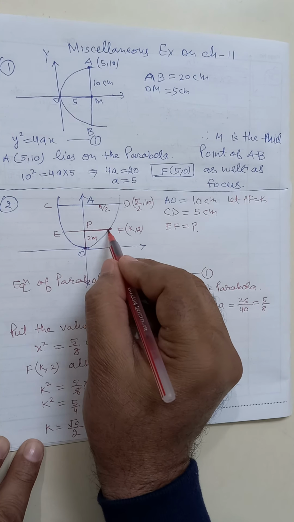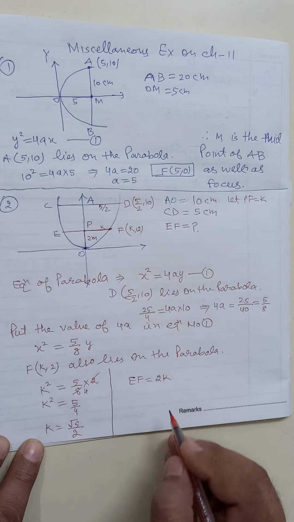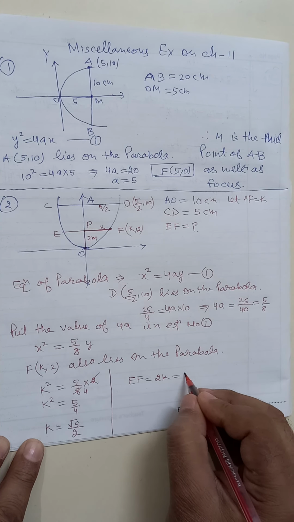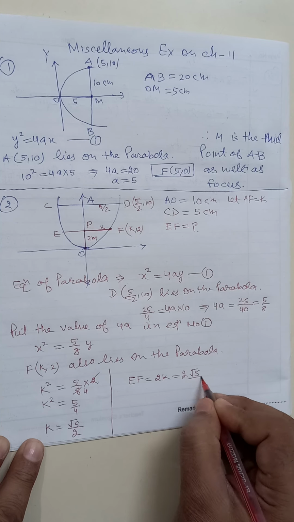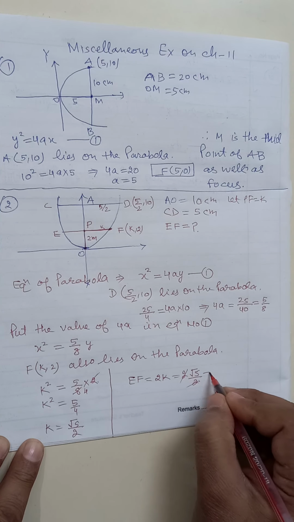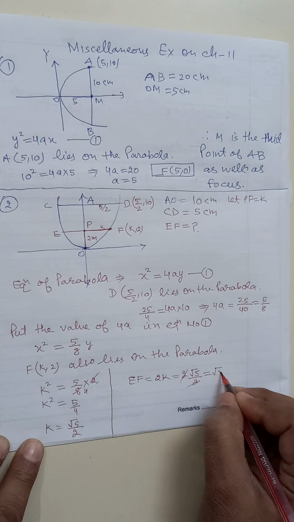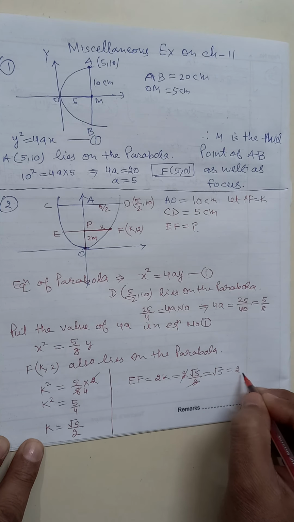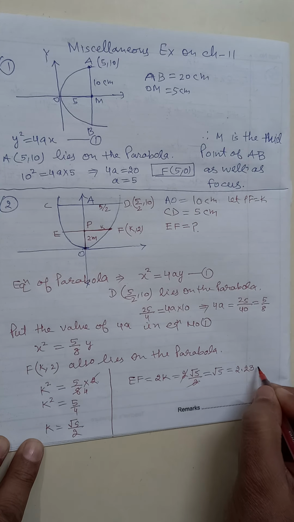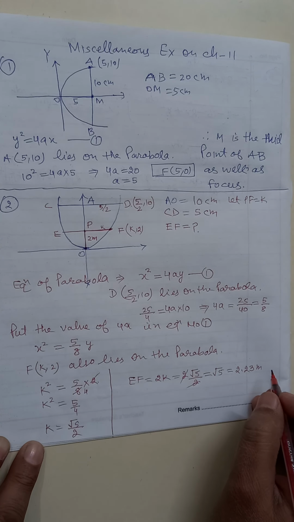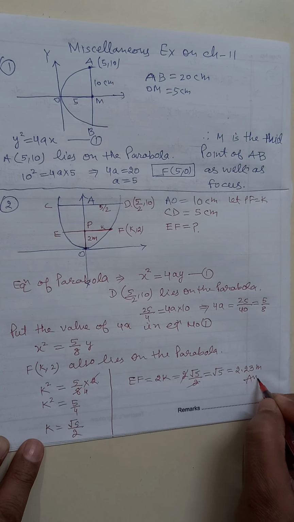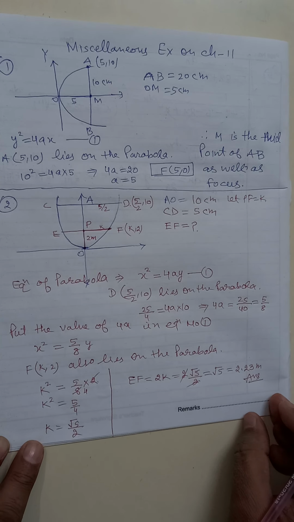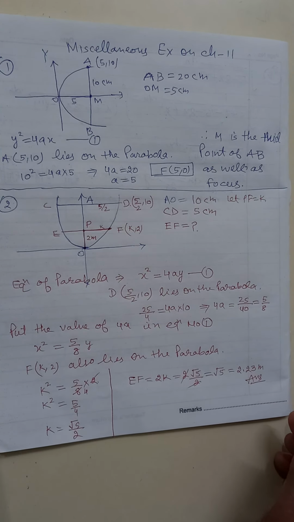This length is K, and the value of K, you know, is root 5 by 2, cancel, answer is root 5, and the value of root 5 is 2.23 meter. Clear? This is the answer of this question. Clear? This is the main question.